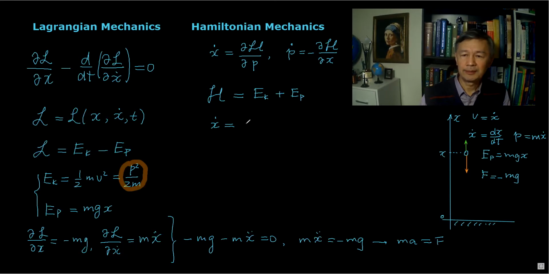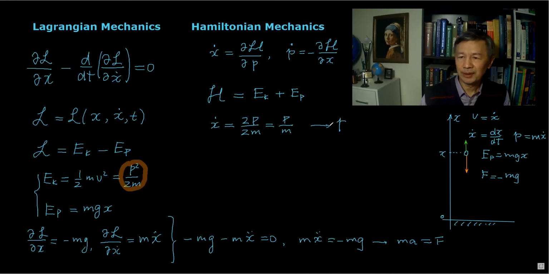We get 2p divided by 2m, so we have p over m, equal to the velocity. This is exactly the definition of the linear momentum.